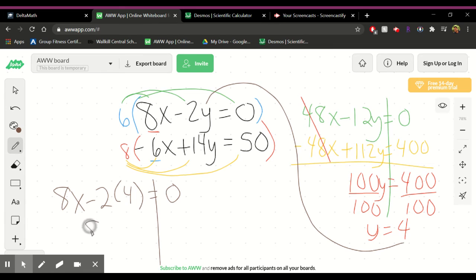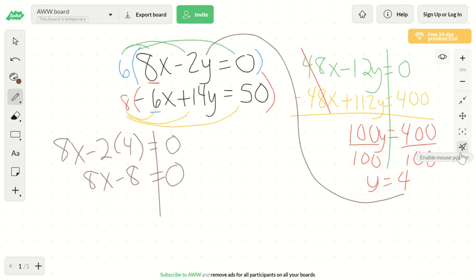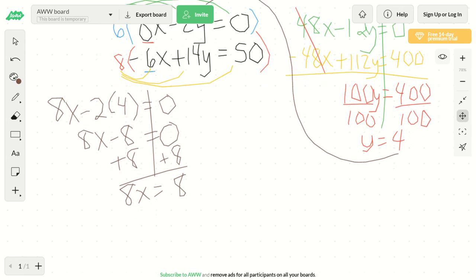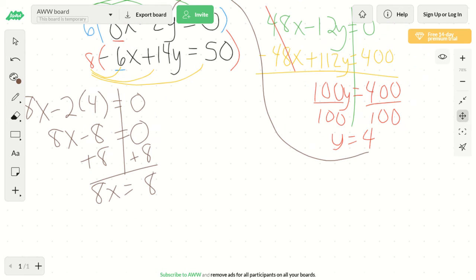So you have 8x minus 8 is 0. Add 8 to both sides. You get 8x is 8. Divide both sides by 8. You get x is 1.